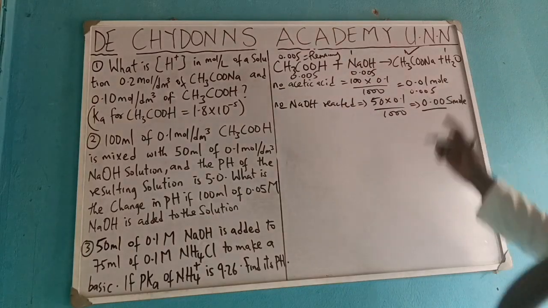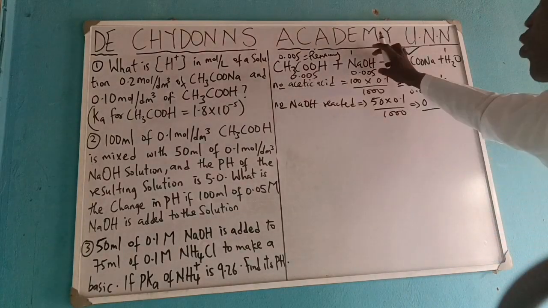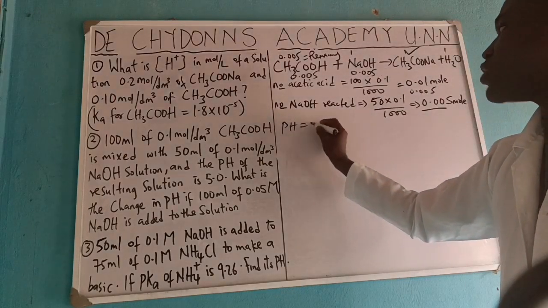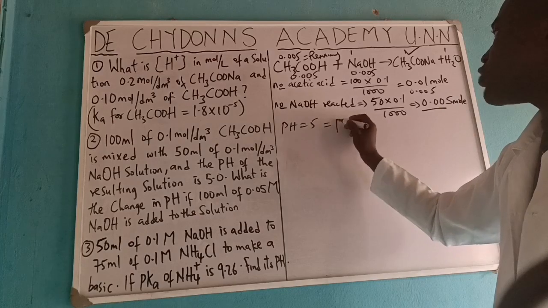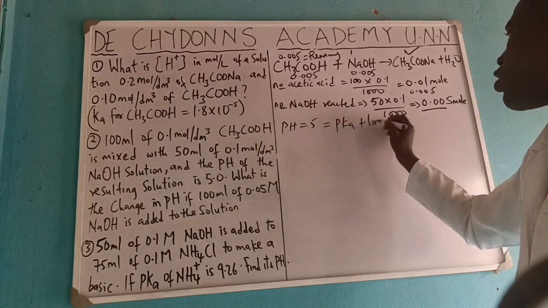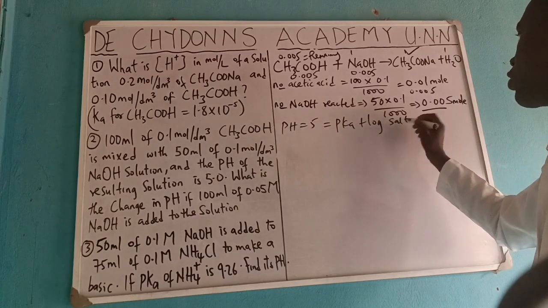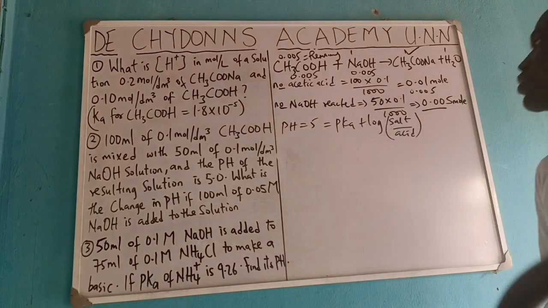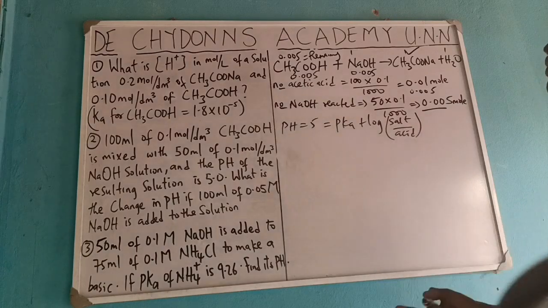So they gave you the pH for this solution. Your pH is 5, and pH equals pKa plus log of concentration of salt over acid.